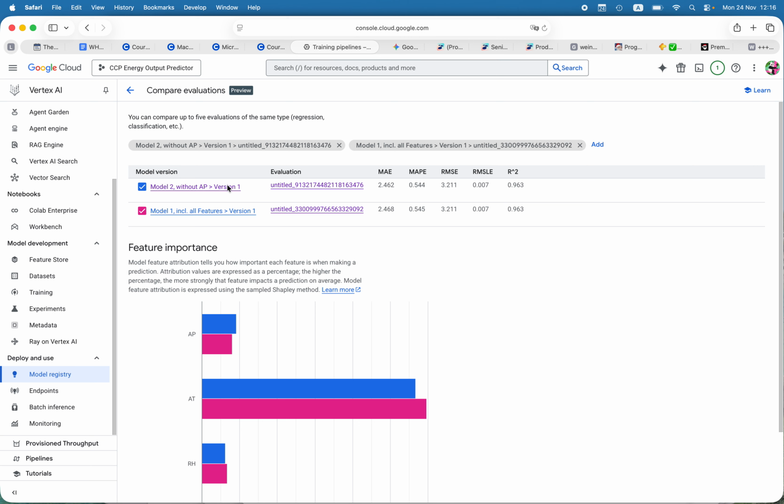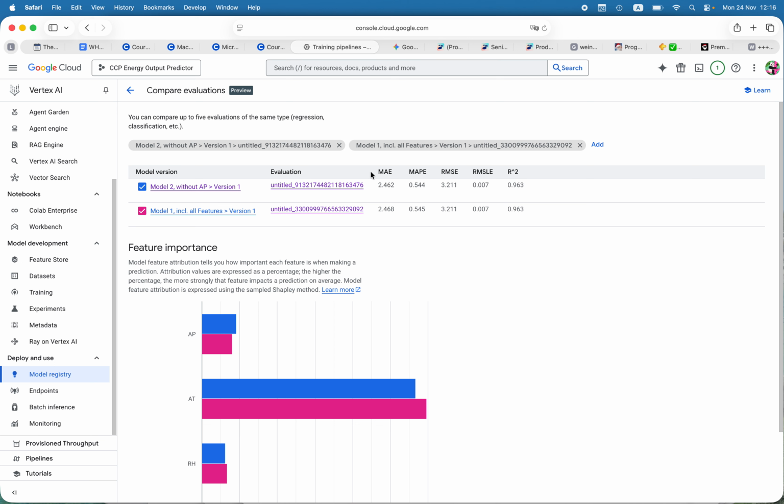Yes. So based on the marginal improvement of the mean absolute error, model 2 was selected as the final best performing model for this project. Both models actually achieved an R-squared score of 0.963, meaning it successfully captured over 96% of the variance in the electrical energy output.